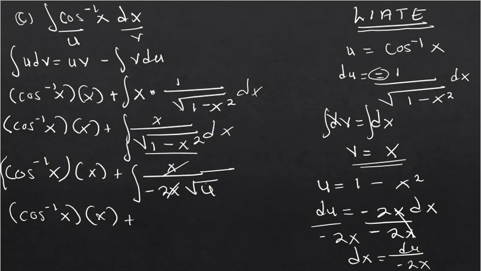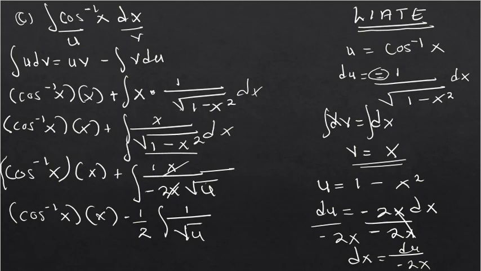Now remember that we have a negative there, so my negative is going to lie here. And of course, I have a 1 remaining there, so this will be 1 over 2 integral of 1 over square root of u.